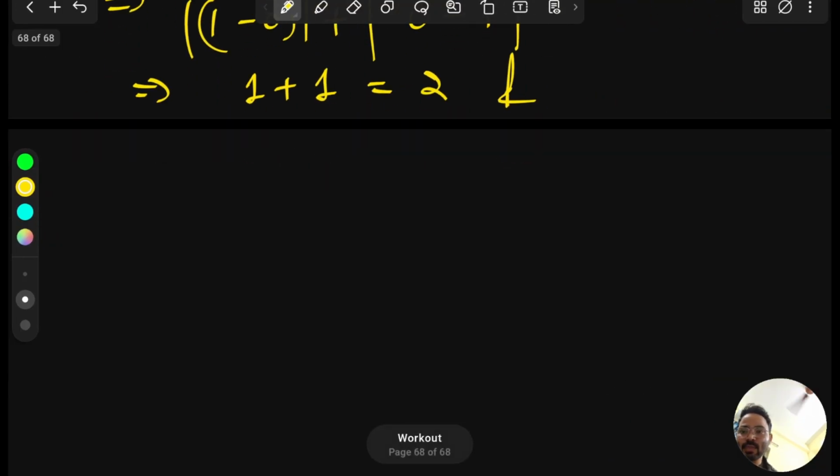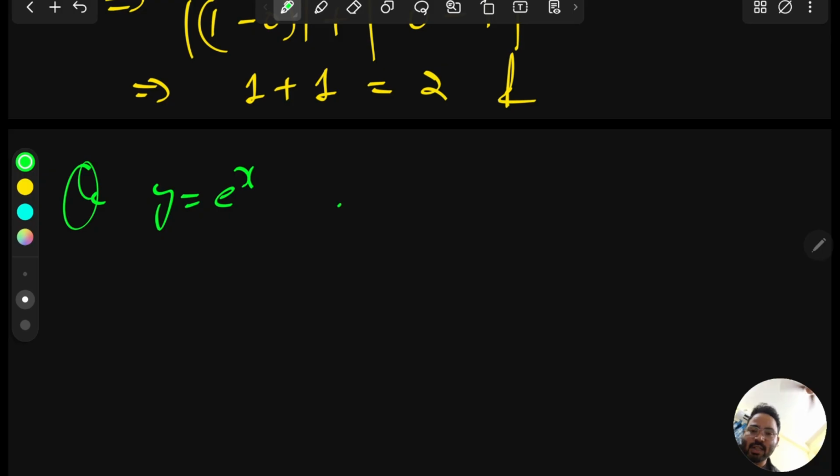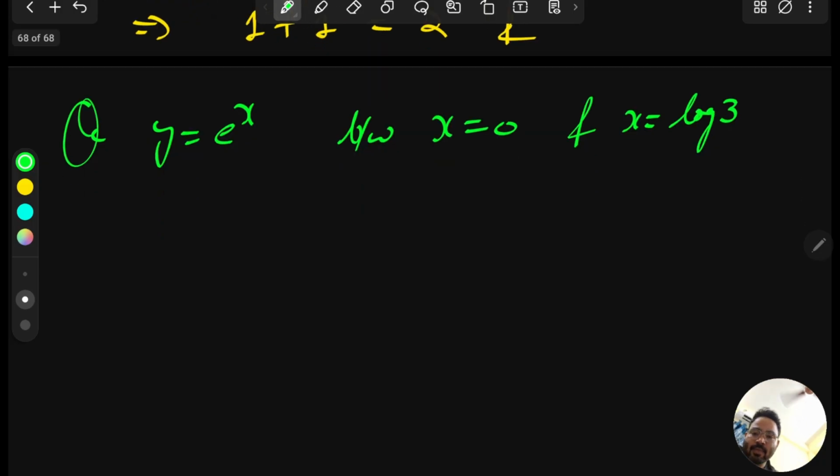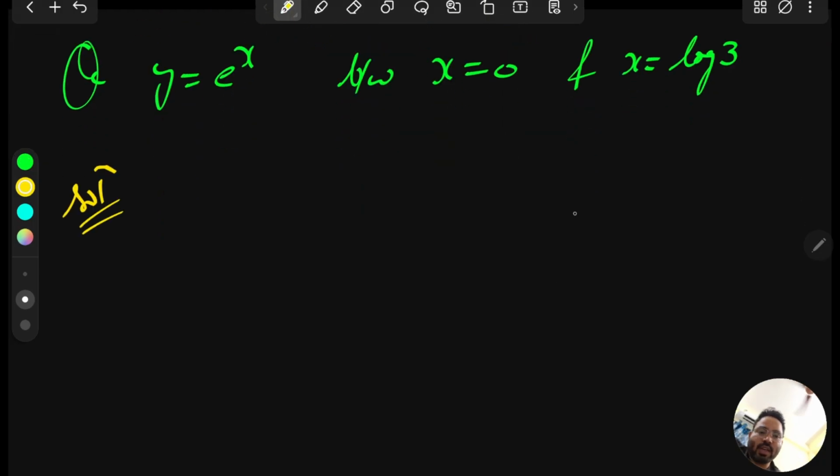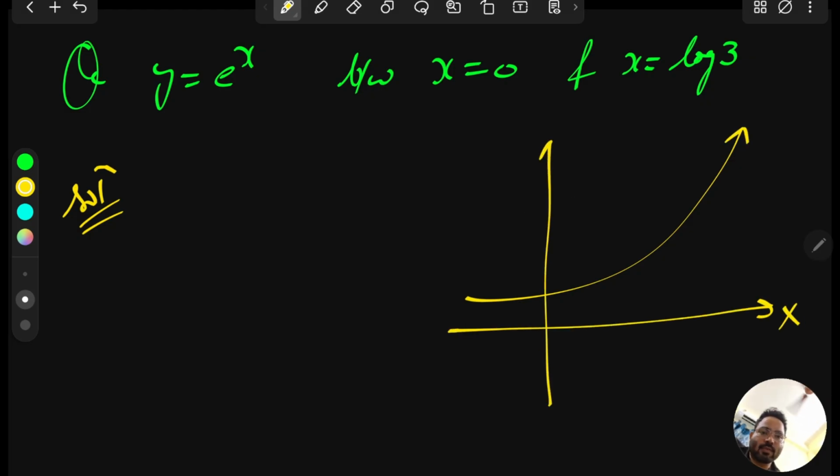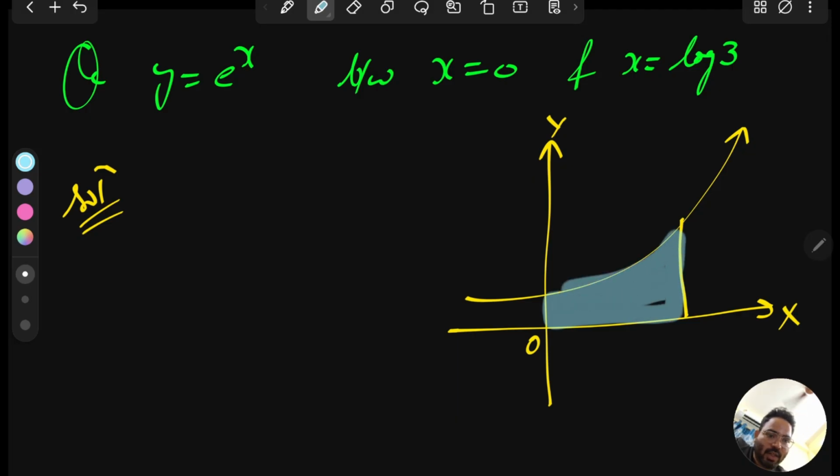We know e to the power x is an increasing function and we know its graph. x equal to 0 means here, and x equal to log 3 means somewhere, we don't know the value, but it's positive, so somewhere just after 0. We have to find the area between these two values, 0 to log 3.